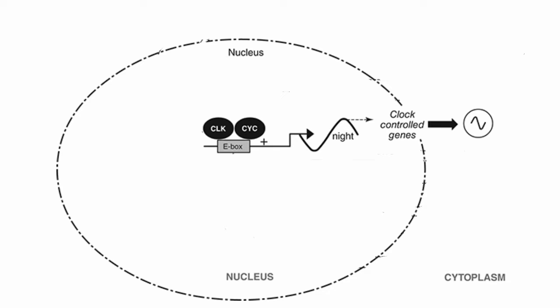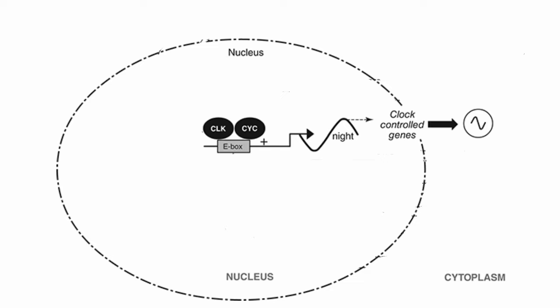Now, before we move further, we should make note that the dotted line here represents the nucleus, which is labeled. Outside of our dotted oval, we have the cytoplasm, so we're still inside of a cell, but the cytoplasm is the outside of the nucleus within the cell.